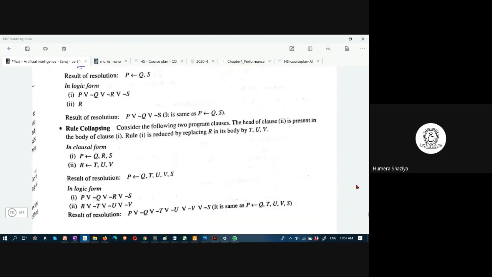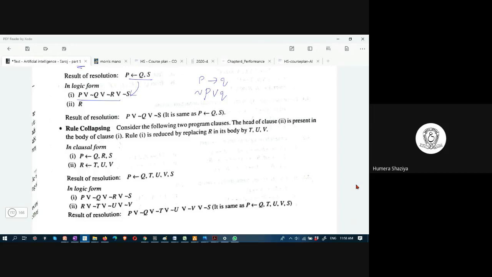And the result of resolution is P is implied by Q, comma S, and this could be written in logical form as P or not Q or not S, and not R, and just R, because this is by contradiction. So, when P implies Q is written as not P or Q, through this one you are converting into this form.